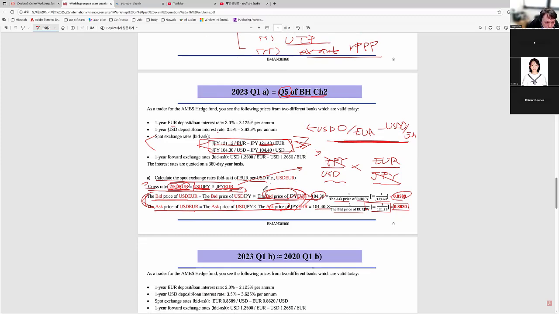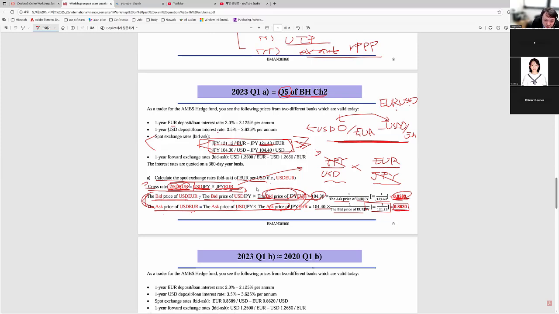So once you compute the bid-ask rate of EUR per USD, so USD EUR, then you are able to compute this one also, right? EUR USD. If you compute the bid and ask of USD EUR, you can compute the bid and ask of EUR USD by using reciprocals. So the reciprocal of this one should be the ask price of EUR USD.